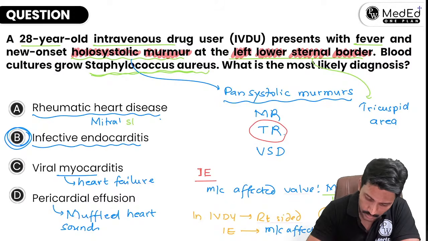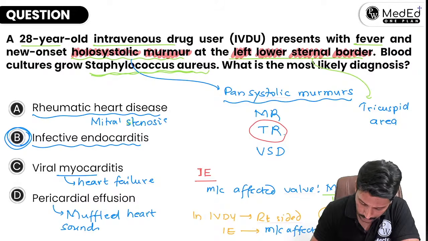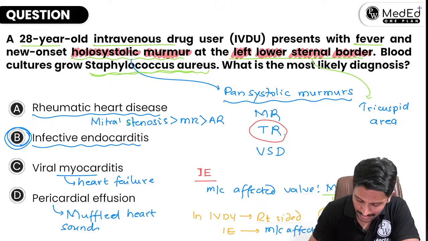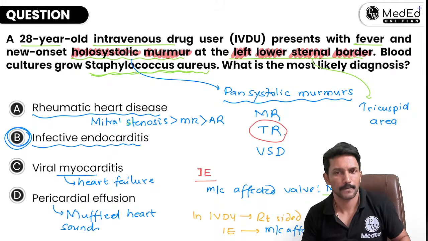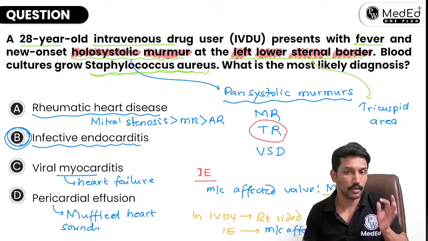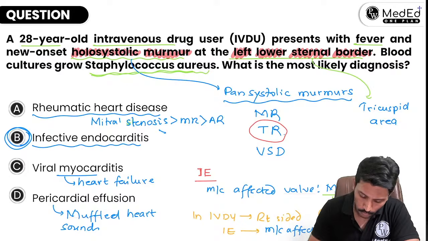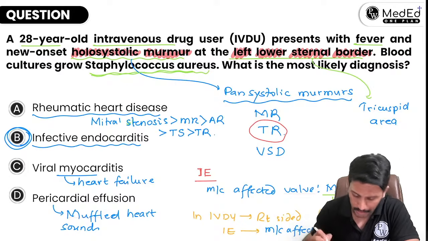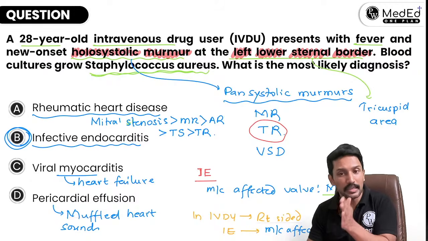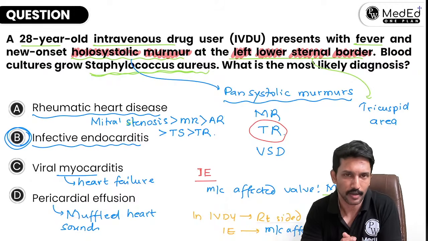Mitral stenosis is the most common lesion that we get in rheumatic heart disease, followed by MR, followed by AR. Okay, the right side involvement in rheumatic heart disease is less common. It can cause tricuspid stenosis, followed by tricuspid regurgitation, and the pulmonic valve is least commonly involved in rheumatic heart disease.